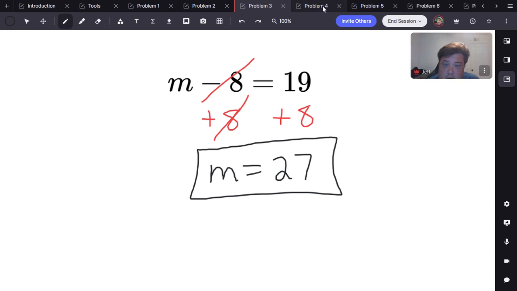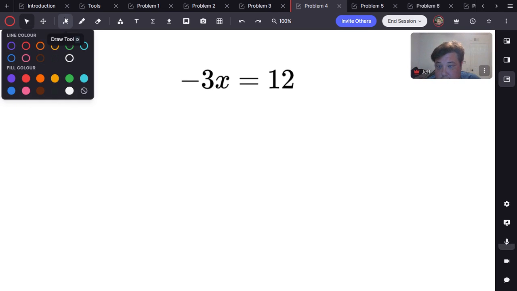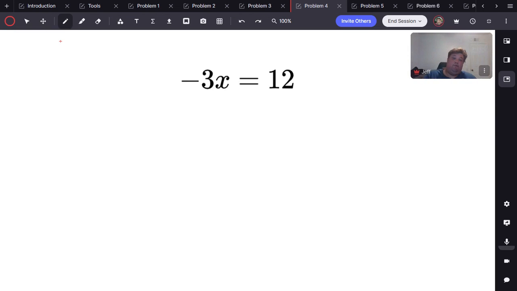All right. So now we're on the multiplication and division part. Here, what the -3 is doing to the x, it's -3 times x. That's how it's written. When it's right next to it, it means it's multiplication. So in order to cancel out a -3, we have to divide by the same number that's being multiplied to the x.